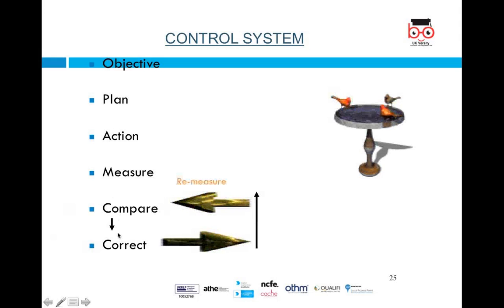Now, this is the important aspect. We compare the actual and budgeted figure, and then we rectify it, correct it, and then again we remeasure it, and this is a cycle. We can go on with it. That's a control system. Before we compare and correct, we need to make objective, plan, action, and measure.